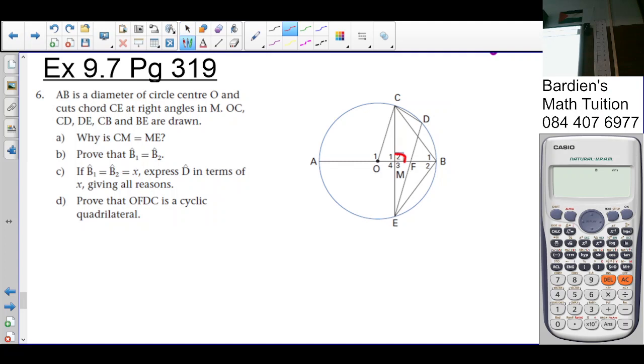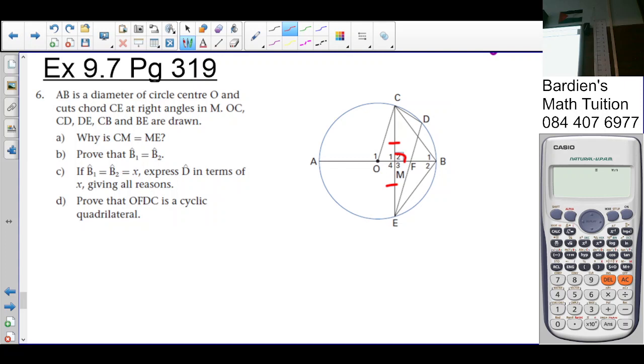That CM is equal to ME. Perpendicular from center to chord. Yes, we did that in our first lesson last term, dealing with geometry, that theorem.